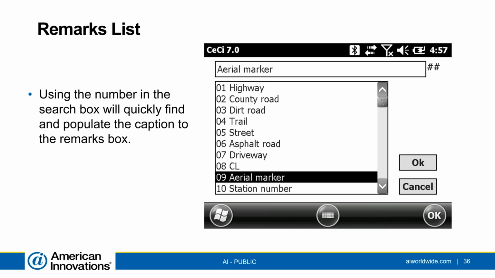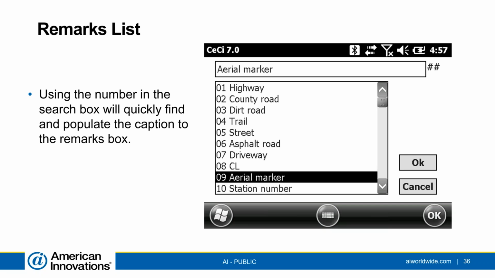Another thing to use is the remarks list. Now I talked earlier about figuring out what you need to use for notes. This can help you out quite a bit. So in the remarks list, if you bring that up, you can either hit the F4 on the Allegro, or just tap the remarks in the menus at the bottom.